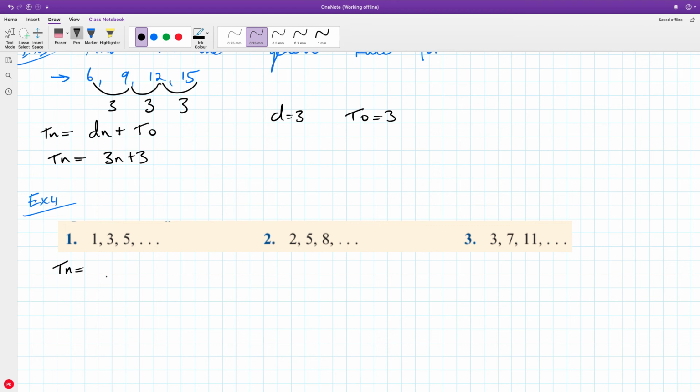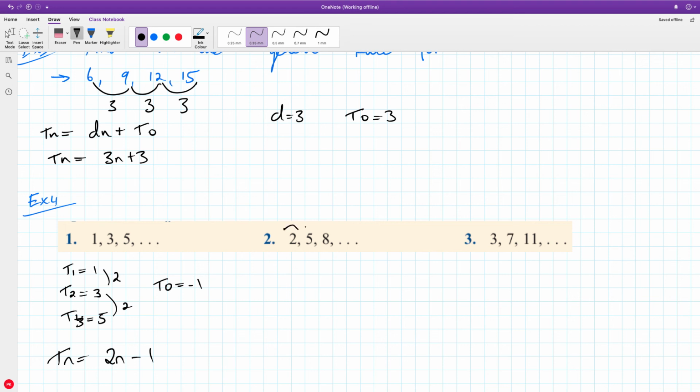Right, let's look at it. So, T1 is equal to 1, T2 is equal to 3, T3 is equal to 5, and so on. What's the difference in each one? 2. What's T0? So Tn is equal to 2n minus 1, isn't it?